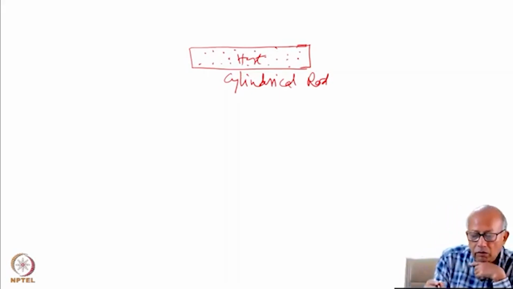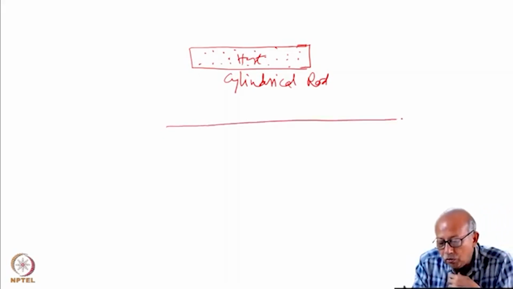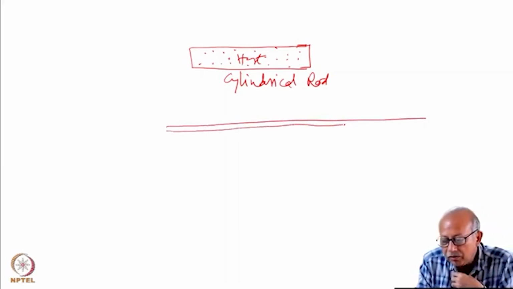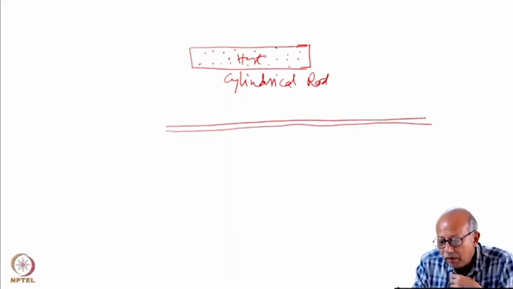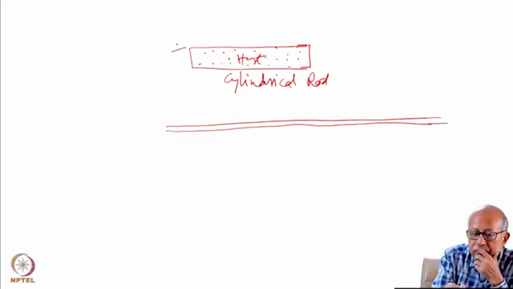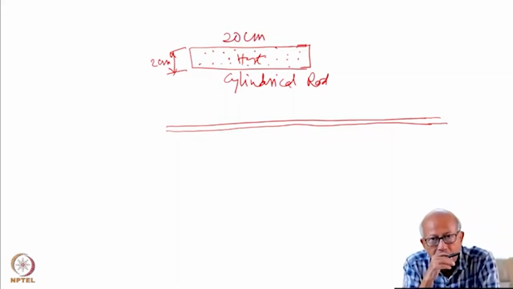In this fiber laser too, the host is in the form of a glass strand. If its diameter were a couple of centimeters, say 2 centimeters, and length say 20 centimeters, that is quite typical of the operation of conventional solid state lasers.